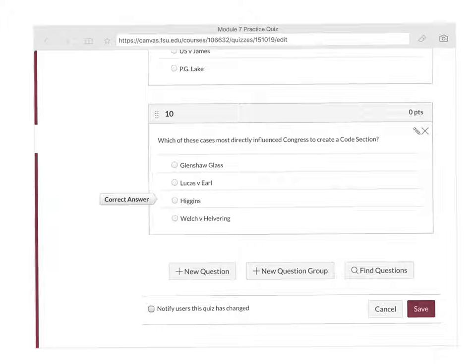Welch v. Helvering, it's not that, it's Higgins. I told you Higgins case, before Higgins there was no investment income provisions. Then Higgins came out and that was ruled that investment was not deductible at that time. And then afterwards Congress came in and said, hey, we're going to allow investment expenses now in 1954. That's the type of question you might see as well.